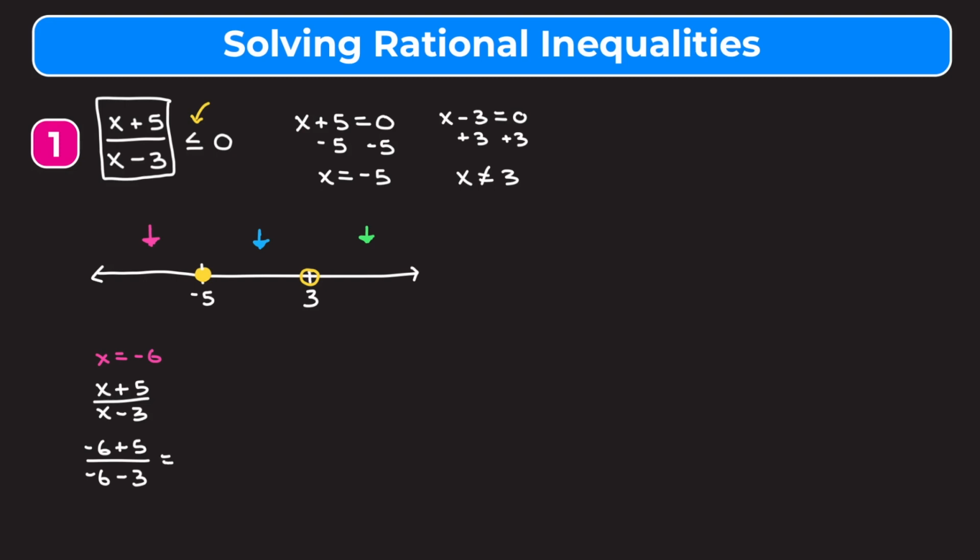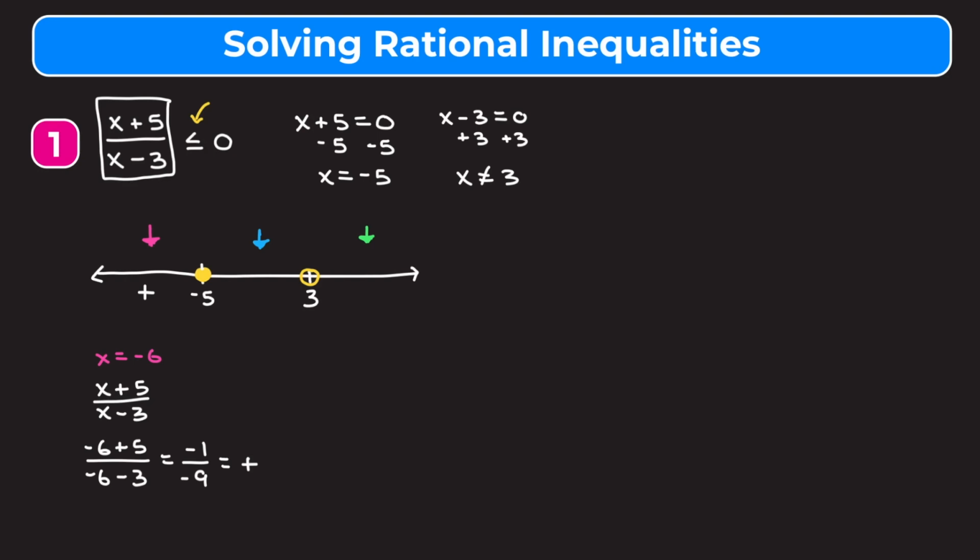Negative 6 plus 5 is negative 1, and negative 6 minus 3 is negative 9. A negative over a negative comes out as a positive, so I'm going to put a positive in this part of our sign chart. So our expression will always be positive to the left of negative 5.